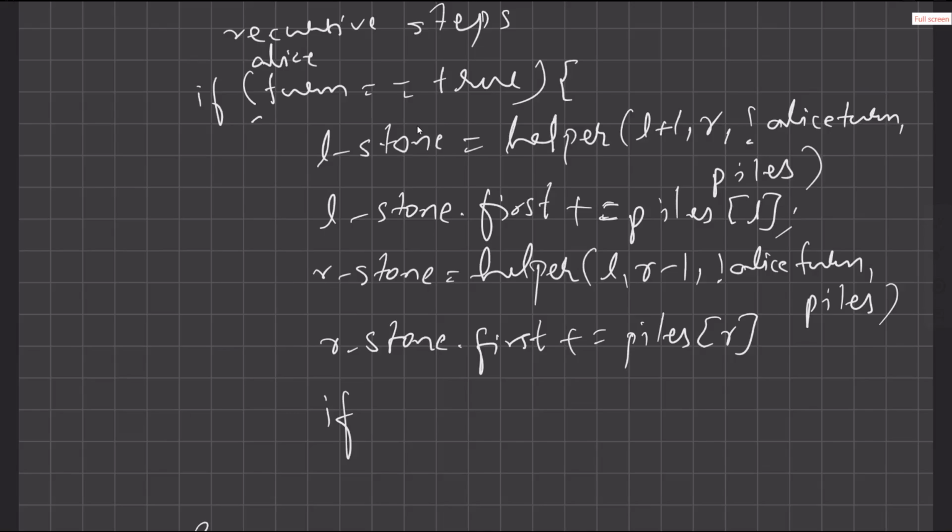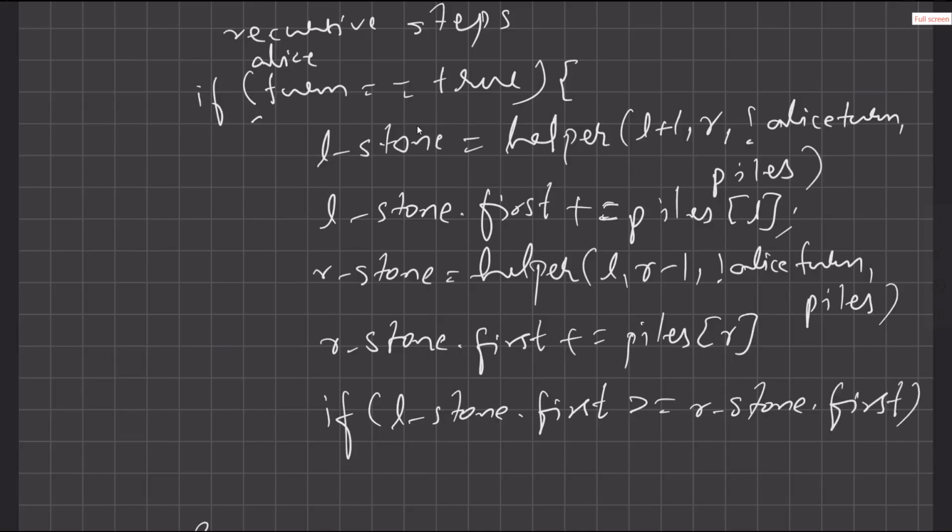She will try to make sure she has more stones in order to win the game. So we will check L stone dot first. If it is greater than or equal to R stone dot first, basically when she has chosen the left stone and called the recursive function, whatever stones she has collected, we are checking against the right-hand stone when she has chosen and called the recursive function.